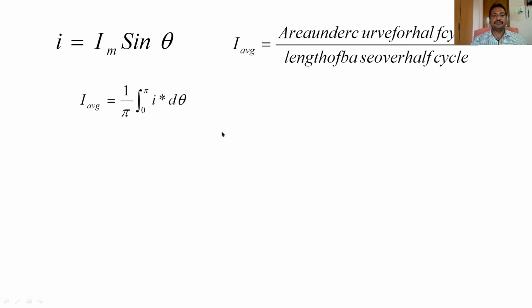Why? Because for half cycle we consider 0 to pi. So the integral of I d theta is the area under half cycle, and pi is the length of the base.